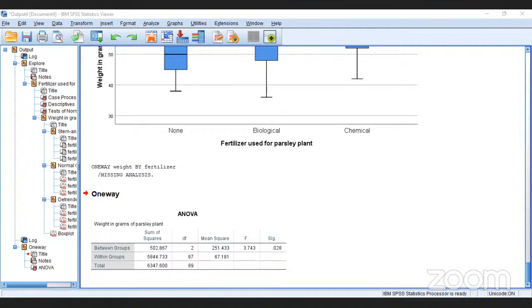Yes. I just came up with a single test. Did not take other details. What can be the conclusion? Do we think that fertilizer has had any impact on the growth or on the weight of the crops? Can we conclude that fertilizer is affecting the weight? Okay. Why?